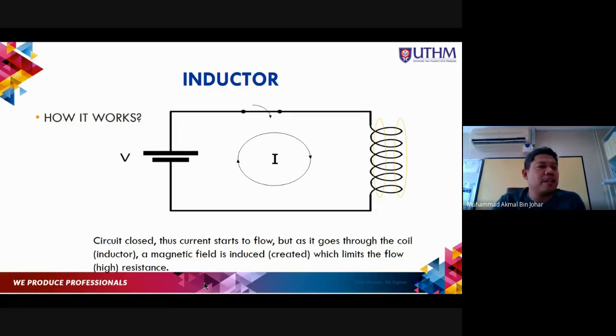That's why normally the inductor is in the form of a solenoid structure like this, and a very strong magnetic field will be produced across the inductor, which limits the flow of current, producing a high resistance. So a magnetic field is induced, and then limits the flow of current in the form of high resistance.